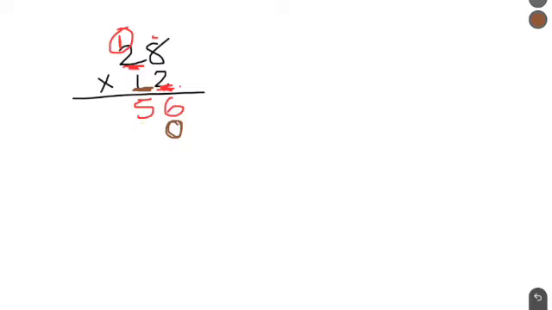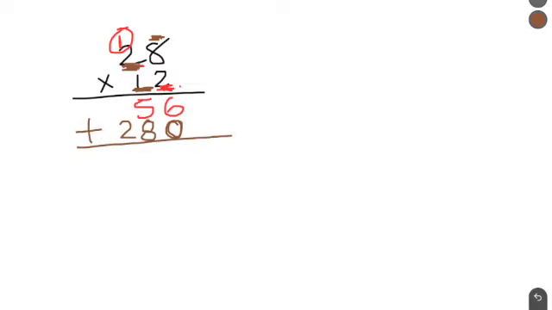But I just like to put a 0 so I don't forget that I always want to start here on my second line. So I take this 1 and multiply it by the 8 here. 1 times 8 is equal to 8. And then this 1 multiplied by the 2. 1 times 2 is equal to 2.